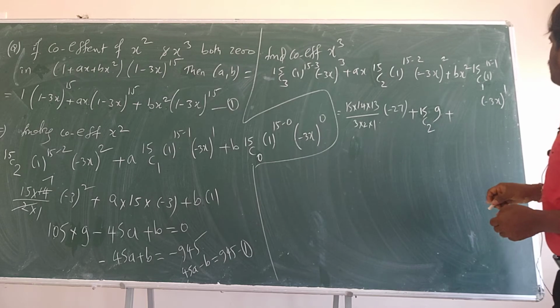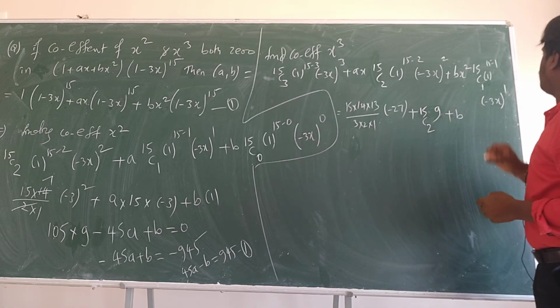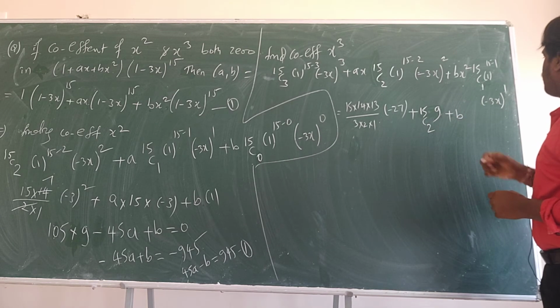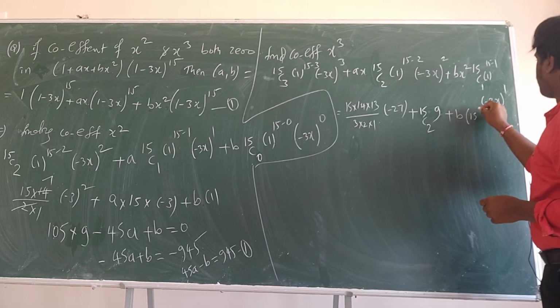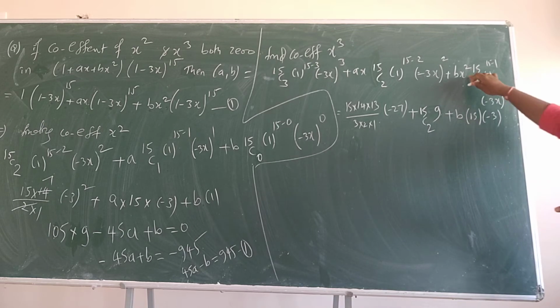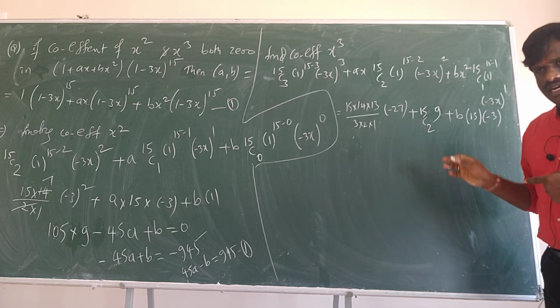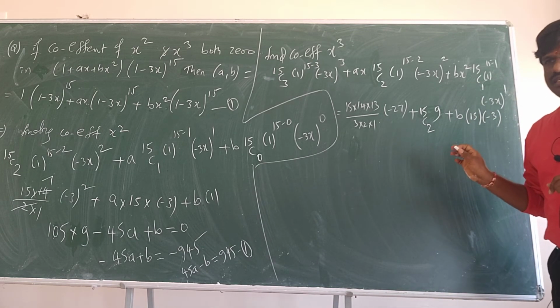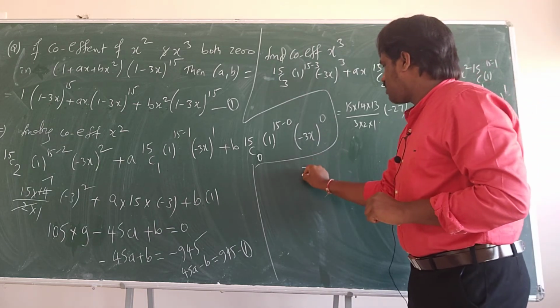Plus b into 15C1, which is 15, into minus 3. I am taking the coefficient of x cube and ignoring x cube. Is it correct?